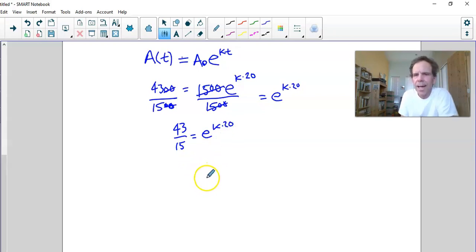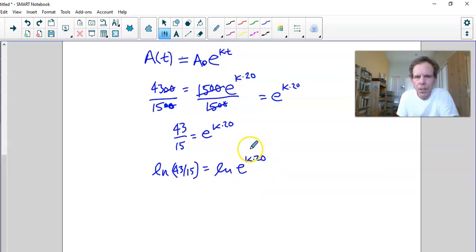Now, that k is in the exponent position, and if we know our logarithm properties, the trick here is to take the natural log of both sides. Natural log because the base is e, and you'll see that that does something nice. All right, so natural log of 43/15 on the left, and then on the right side we have natural log of e to the k times 20.